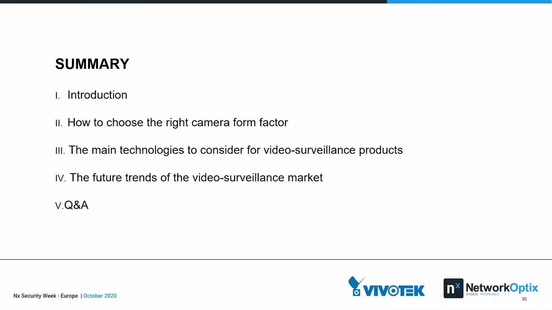So the choice of the camera really depends on the mission of the camera, what you want to do with it. Sometimes you can have an installation with a low-end camera, like the entry series cameras, the commercial series.